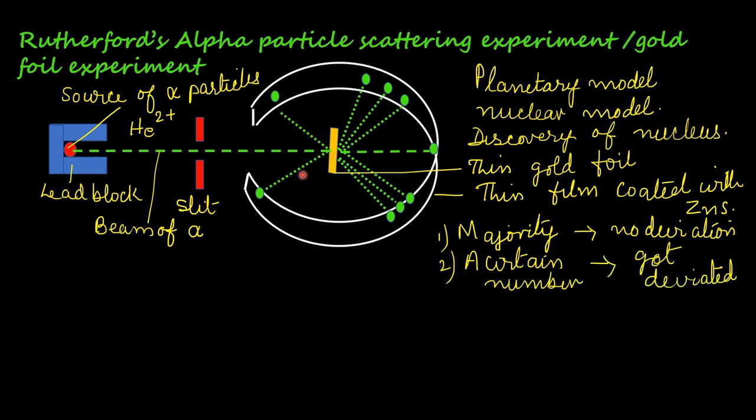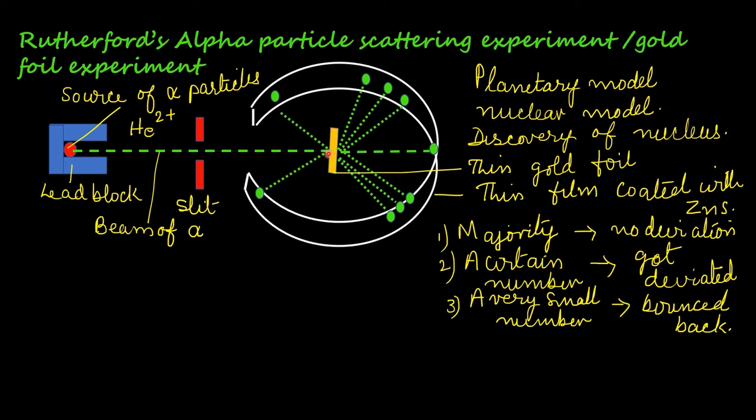A very small number bounced back at an angle greater than 90 degrees to the direction of flow of these alpha particles. The beam of alpha particles and their scattering path is not visible. What is visible is only the points of glow developed on the thin film coated with zinc sulfide.